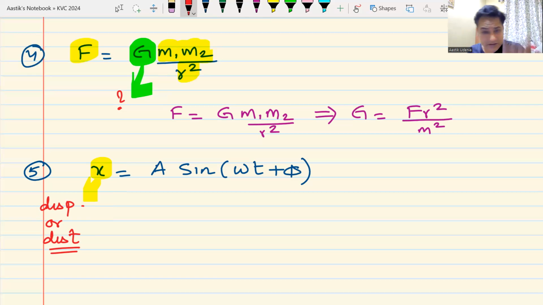Sine is your angle. Everyone knows this. And the other quantity that I know is T. T is time in seconds. Right now, we are only concerned with the dimension, not the units. So X is displacement or distance, and T is time.